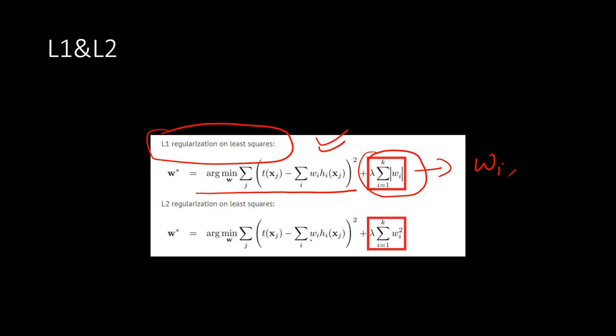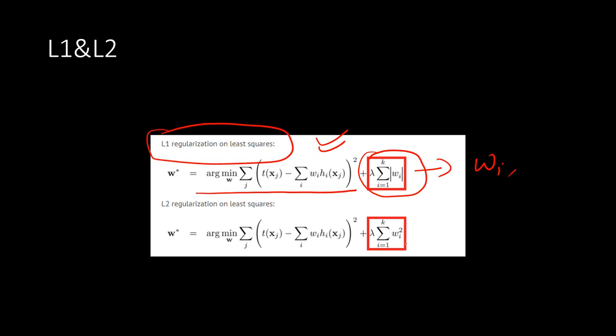On the other hand, if we take the sum of the squares of the beta parameters, then we call that L2 regularization. It's pretty similar to what we have seen for the L1 and L2 loss functions. If you're taking the modulus, it is L1.